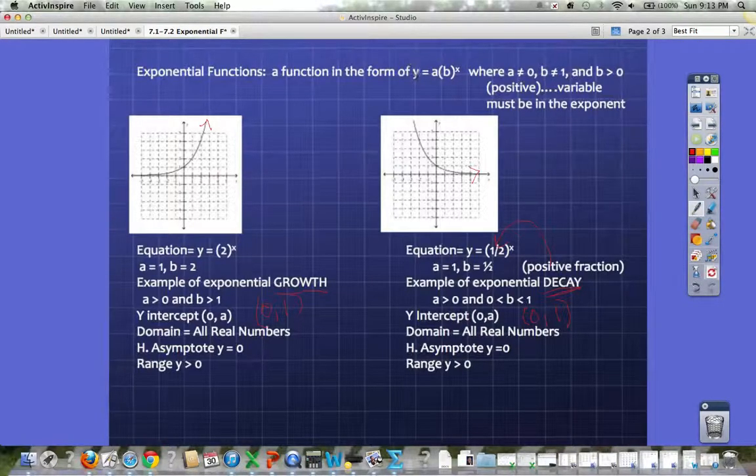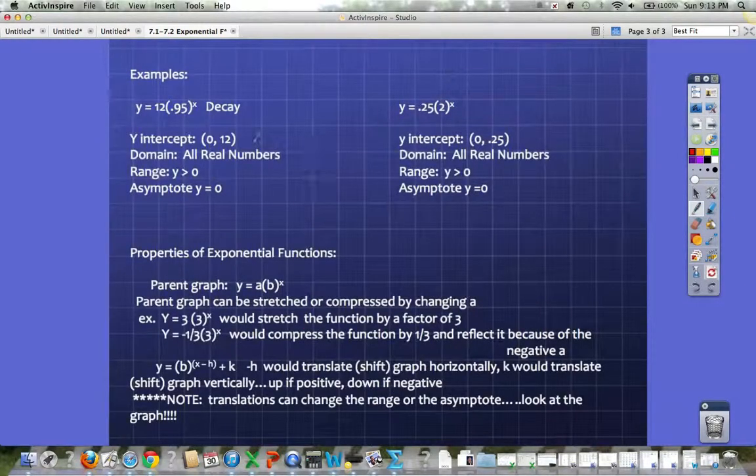And again, this is the function that you're looking at, and this will tell you what happens with the graph. All right, so an example would be 12 times 0.95 raised to the x power. 0.95 is a positive fraction. That means it's going to be a decay. Okay?